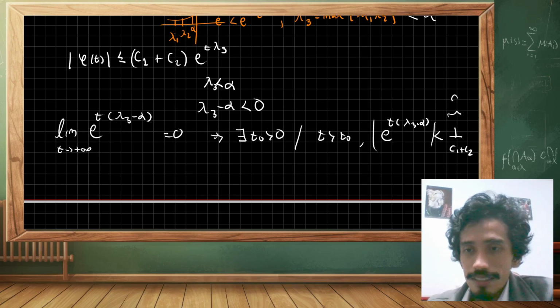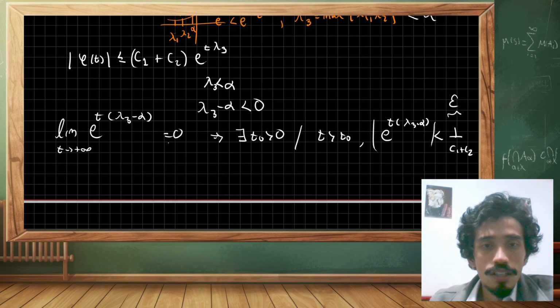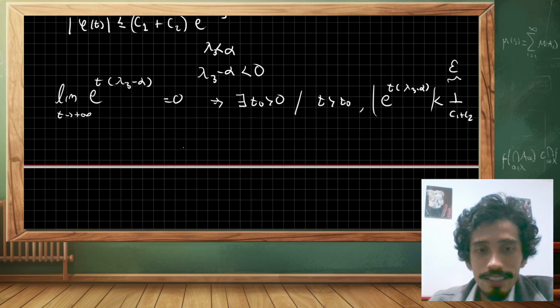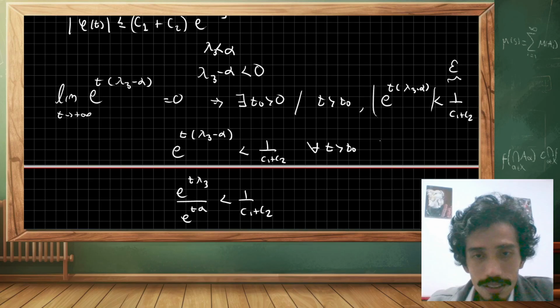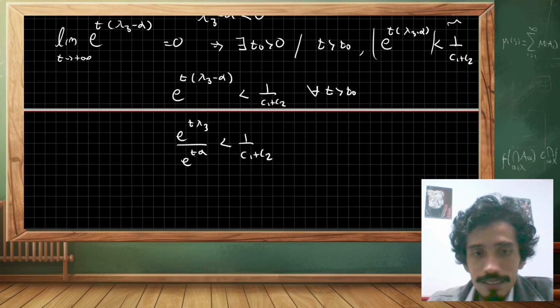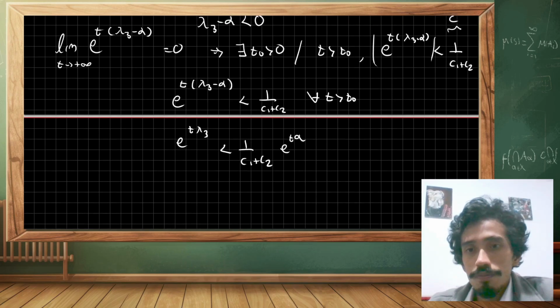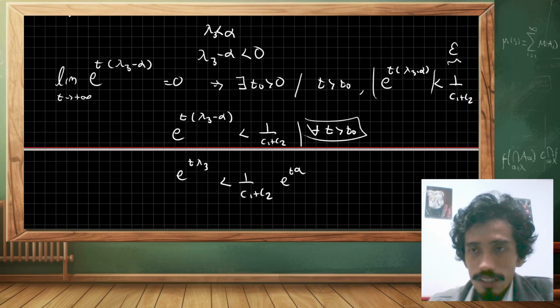So at some point we will have that this is strictly less than this for every t like this. Then we can write this like this one, and it is clear that we multiply both sides by this term, and we are left with this expression for every t greater than t naught.